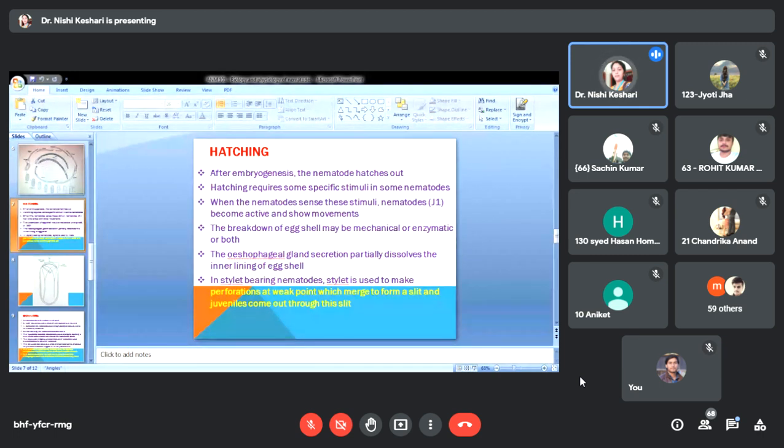They break the eggshell, and it may be mechanical or enzymatic or both. Then the esophageal gland secretion partially dissolves the inner lining of the egg shell. And the stylet, wherein nematodes are stylate, is used to make perforations at a weak point, which forms a slit, and juveniles come out through the slit. So this is the process of coming out from the egg to the environment.